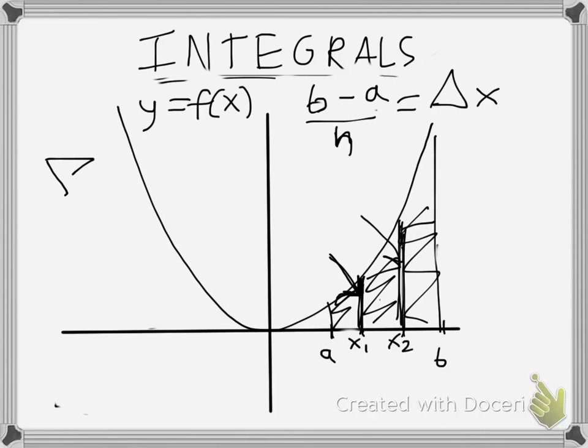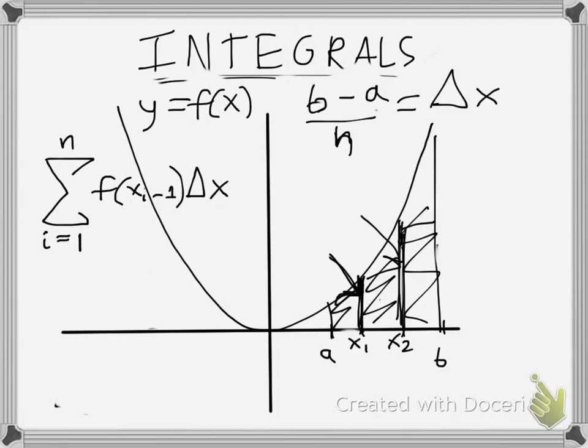So we can write this as a sum. We write it as the sum from i equals 1 to n of f of x sub i minus 1 times delta x.